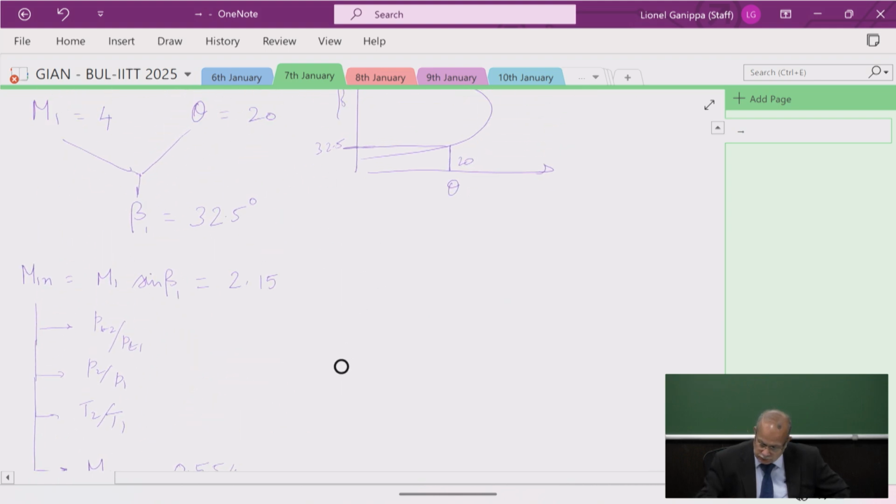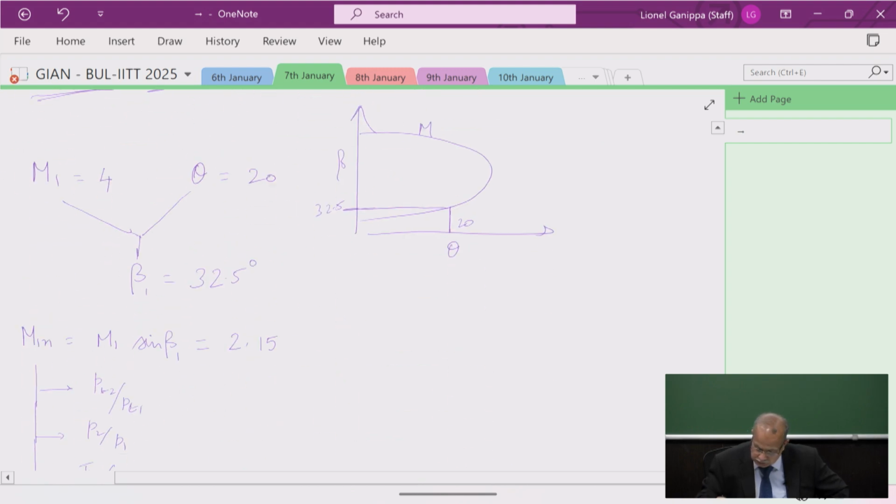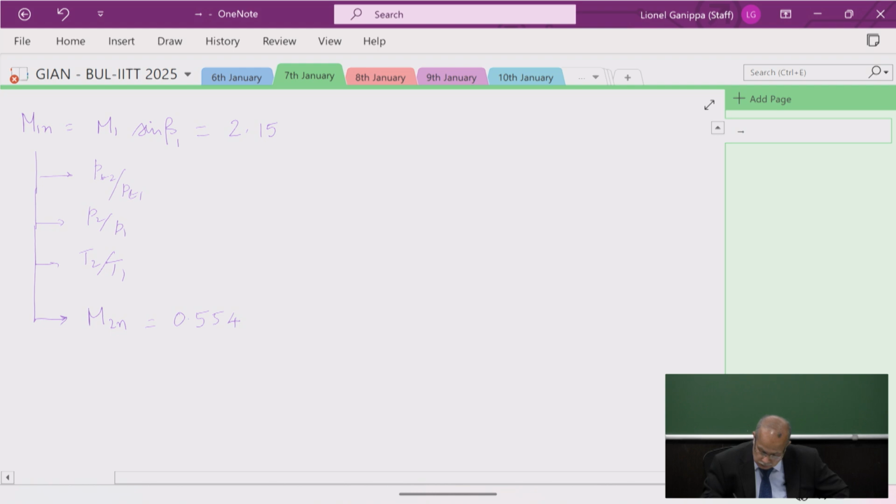And now we have to look at the shock that is coming out of this one. So we have M2N is equal to M2 sine (beta 1 minus theta 1).